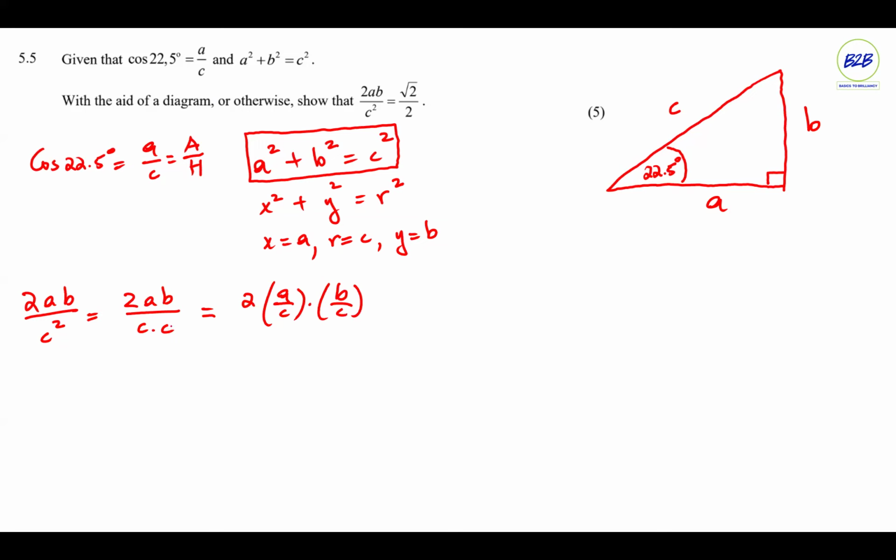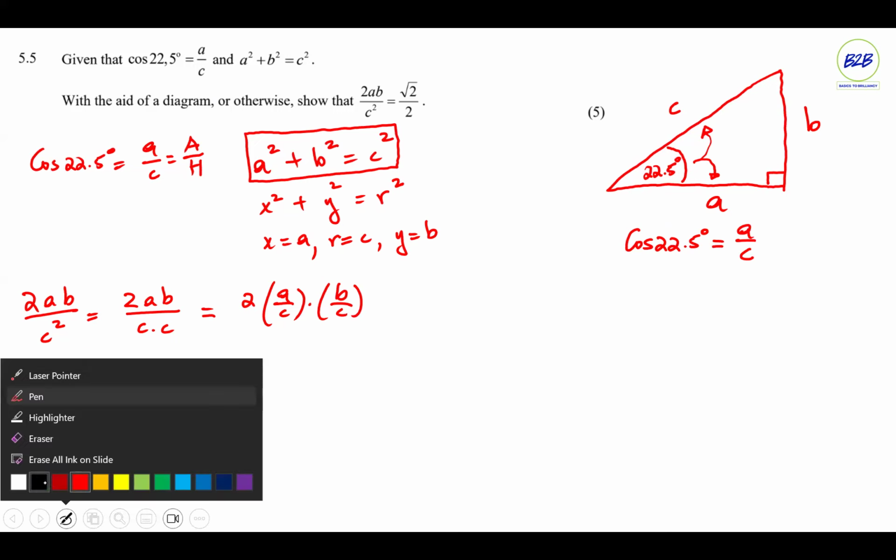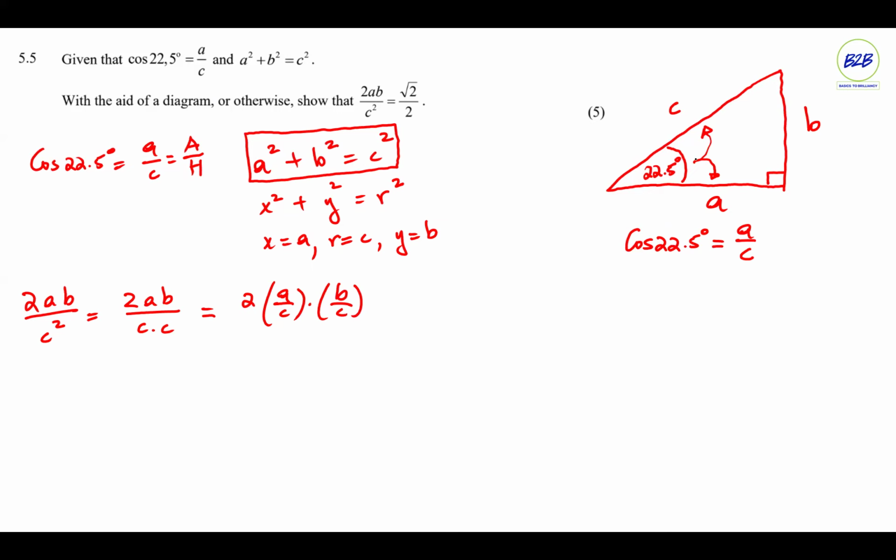Now, let us go to our diagram. What is A over C? That is cos of 22,5 degrees, which is adjacent side over C. And what is B over C?